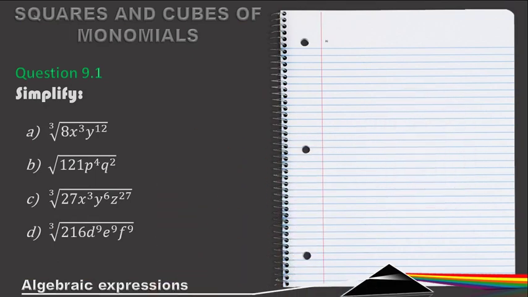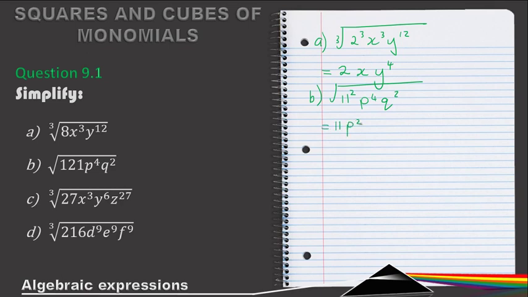Okay, so question 9.1 for A, this is a cube root. So if I rewrite this, I get 2 cubed, x cubed, y to the power of 12, and then dividing all my exponents, I get 2x y to the power of 4. For B, 121 is 11 squared, so b to the power of 4, q to the power of 2, so 11 comes out of the square root.